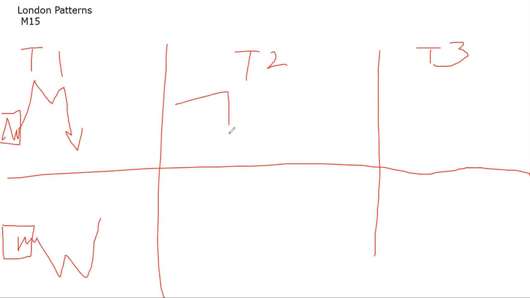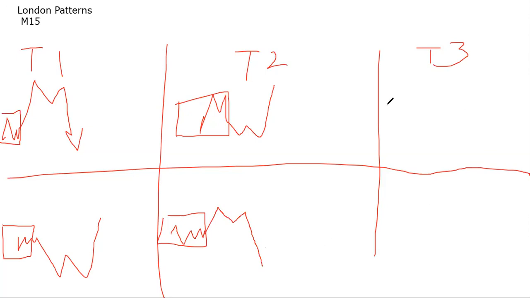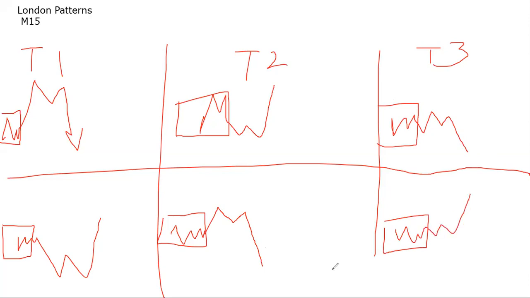The type 2 is the one that maintains the low or the high of the Asian. Type 3 is the one that respects the high or low of the Asian.